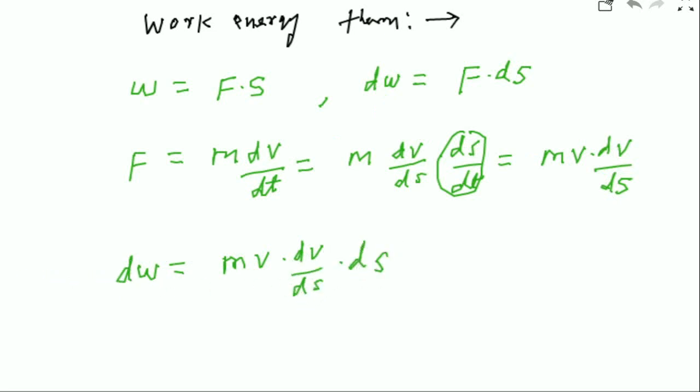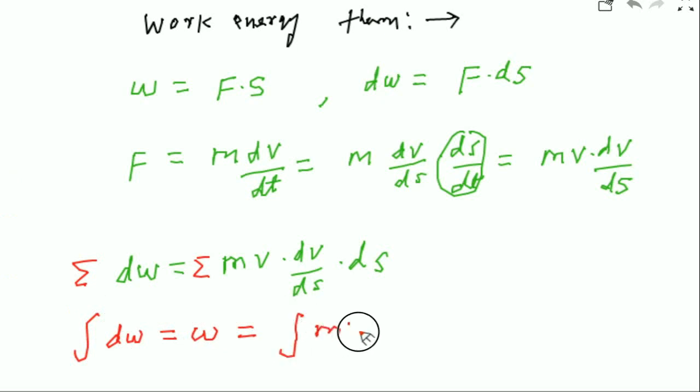If you want to find the total work done, you have to go for the summation, or integration. So the integral of dW gives the total work done, which equals mass into v dv, because ds and ds cancel out. Suppose the initial velocity is v_i and the final velocity is v_f. So work done equals the integration of m, which comes out, and v dv.